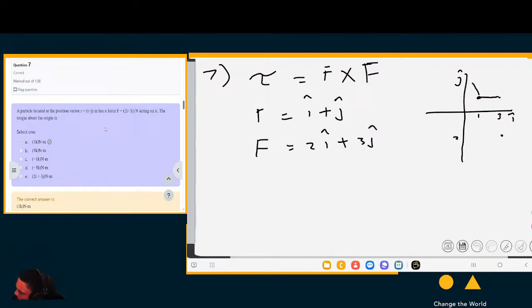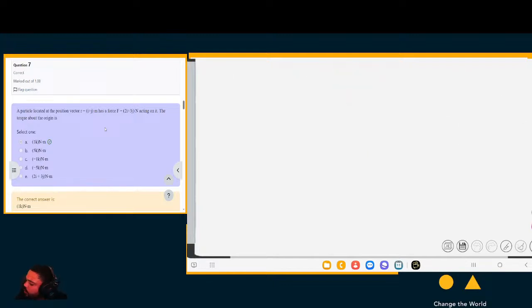So the force would be this way, acting at an angle. We don't actually need the drawing, so I'm just showing you. But we want to talk about the angle.